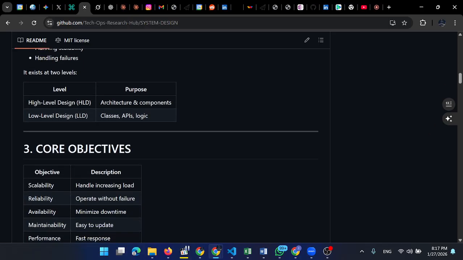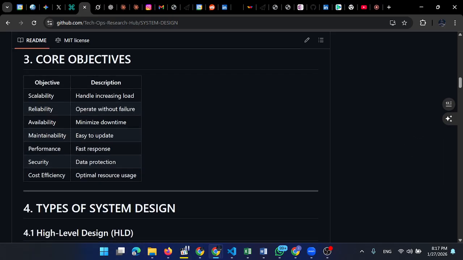And then we have what we call core objectives. So when it comes to the core objectives, these objectives are very distinct, and definitely they have different kinds of descriptions. For example, when we talk about scalability, we're talking about how we can handle increasing load in a software, or rather in a product.